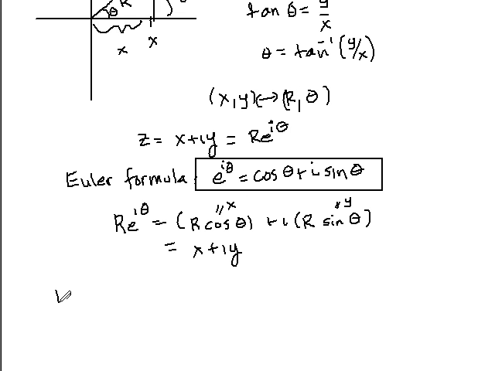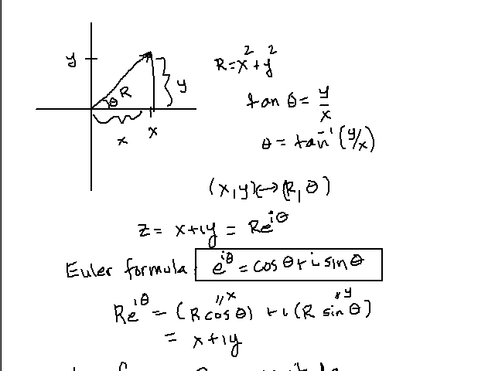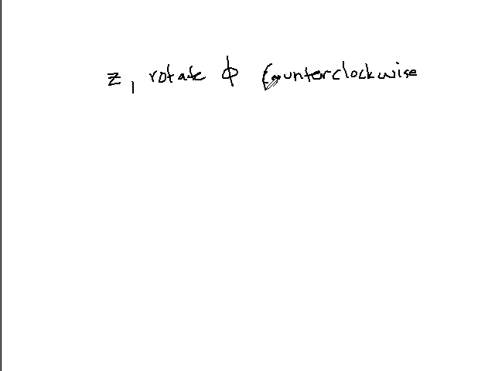So in polar form, r is the magnitude and theta is the rotation. Now this is important because if I take a complex vector z and I want to rotate it through 5 degrees counterclockwise, how would I do that?